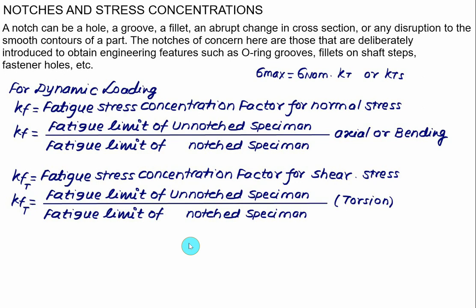Even though it is defined as affecting the material property strength, it can be used as a stress increase in the nominal stress in the case of dynamic loading. So just like Kt or Kts for static loading, the notch sensitivity is reduced when going from static loading to dynamic loading.